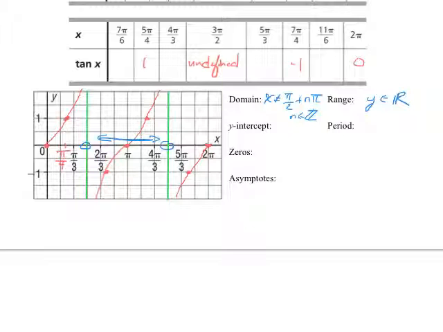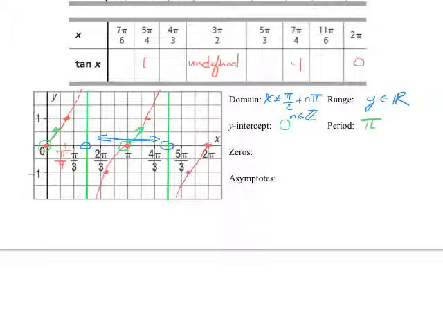The y-intercept is at 0. I'll just do a different color here so we can keep that clearer. The period, now from where the graph starts to where it repeats itself, well, here I can look at there. It starts on the x-axis and then curves up. Here it's on the x-axis again and curves up. So now our period is pi radians rather than 2 pi.